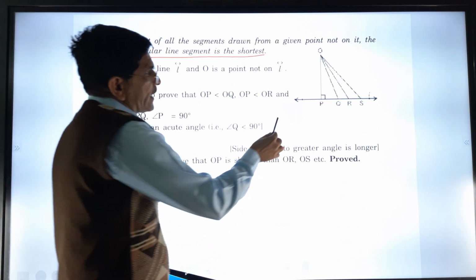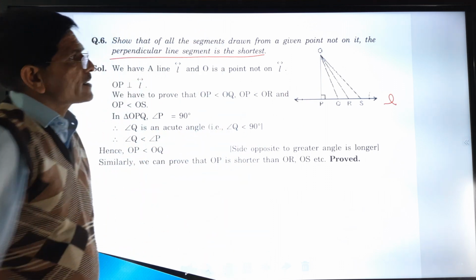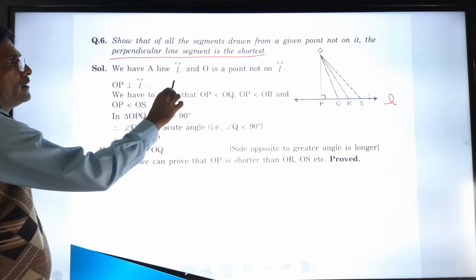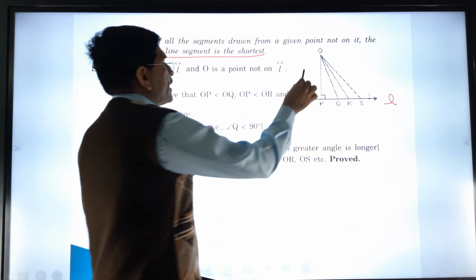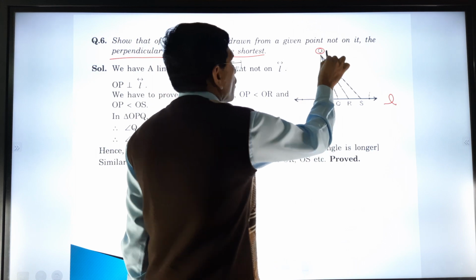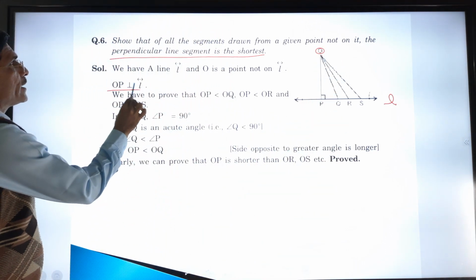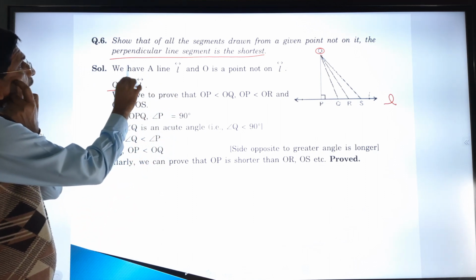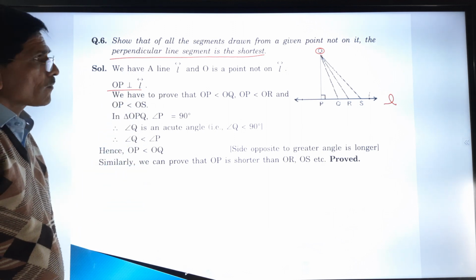So there is a line L, and O is a point not on L. Line segment OP is perpendicular to L, that is given.